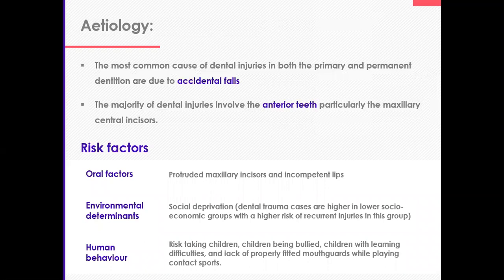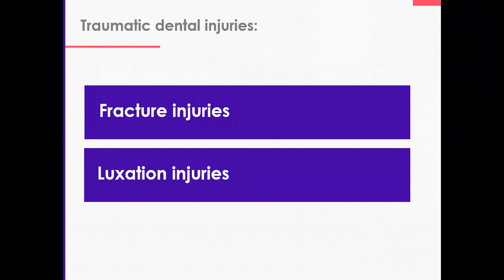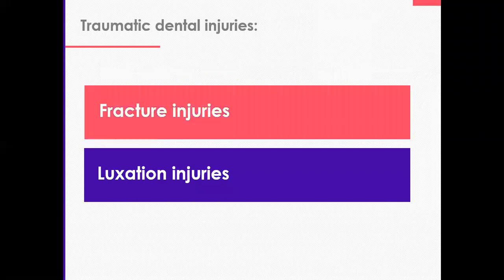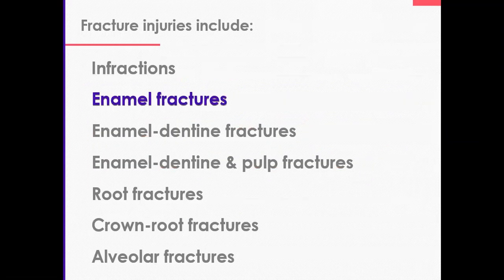Please watch that as well, and preferably first before this one, because we're going to start from the easiest and go step by step to the more difficult ones. So this week we will cover fractures, and today we'll go through enamel fracture.